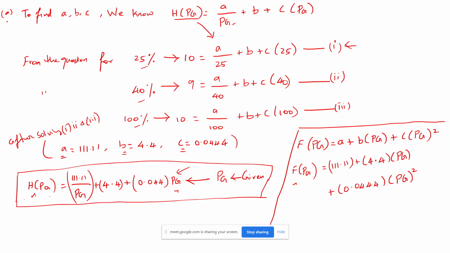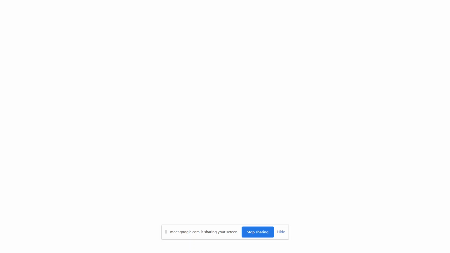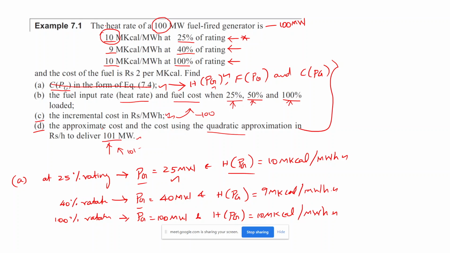Clear? So the second part of A is done, and the last one is cost. So cost C(Pg) is nothing but, in the question you can see that they have given ₹2 per mega kilocalories.